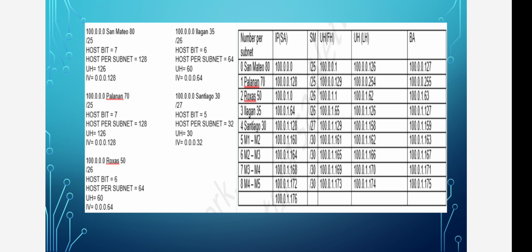Tapos ang subnet 0 natin is San Mateo, we have 80 units. Palanan, we have 70 units. Number 2, Rojas, 50 units. 3, Ilagan, 35 units. Santiago, 30 units. Ito ang IP table. Tapos na. Okay. Next.